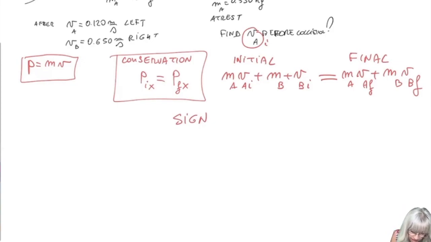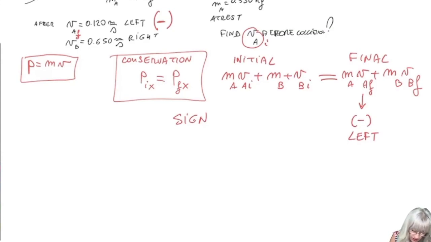Now we need to add the signs, so this is a good methodology. I know that the velocity of A final goes to the left, right? So this is going to be negative, because it's going to the left.